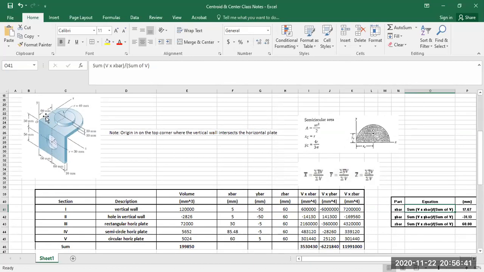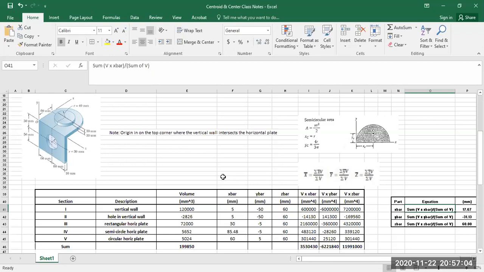Well, let's look at X bar. It's probably going to be around here. And what does it turn out to be? 17. So it's going to be around here because look at all this volume that's all the way at the 0. And then Y bar is here. So it's definitely going to be lower, but it's going to be higher than the 50. So it's negative 31. All right.